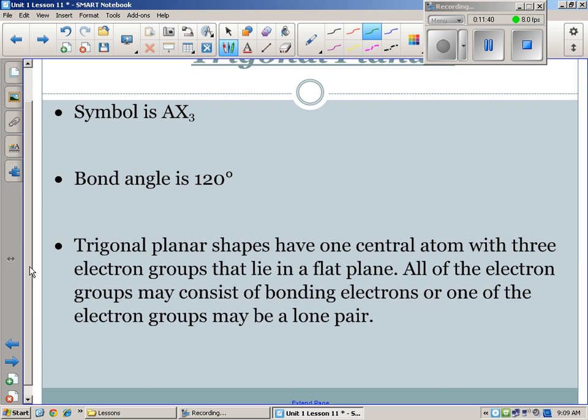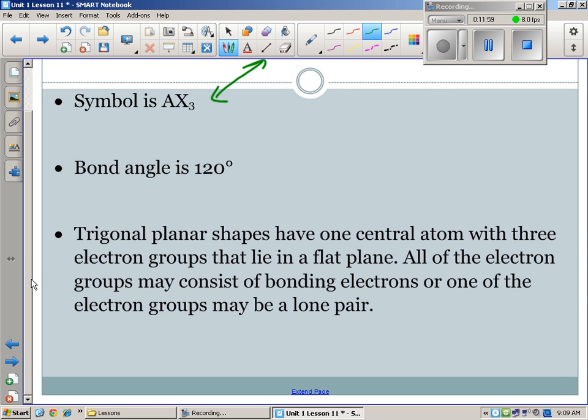AX3, trigonal planar. That's the formula of the trigonal planar. AX3 is trigonal planar and has the bond angle of 120. Trigonal planar shapes have one central atom with 3 electron groups that lie in a flat plane.